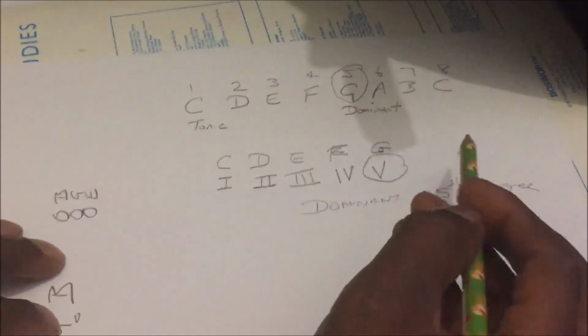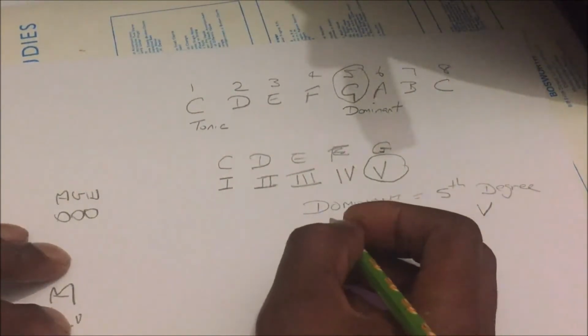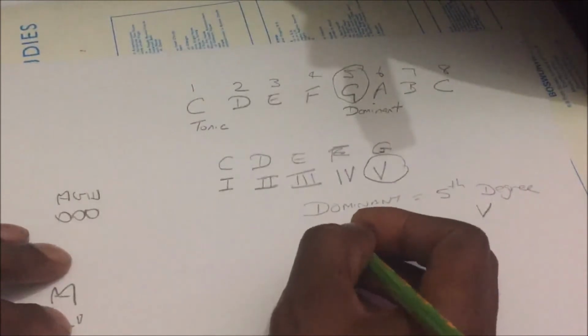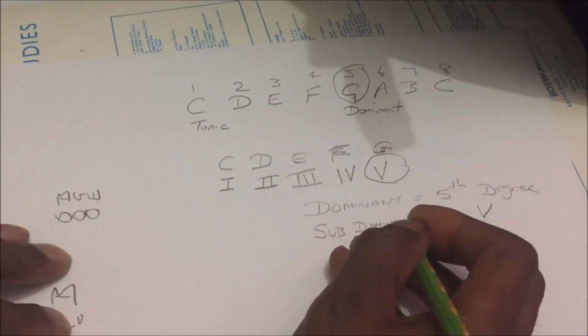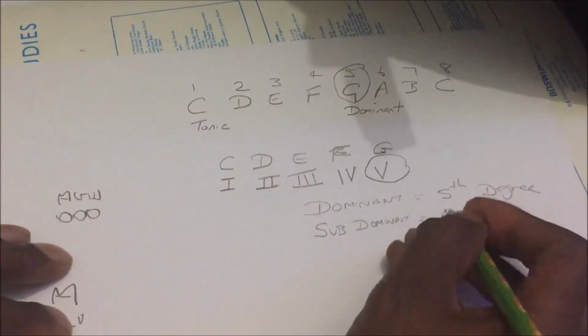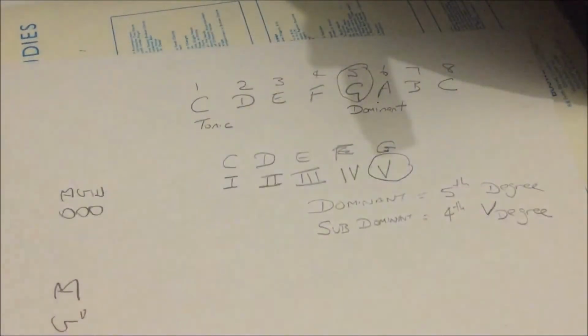Now, also you should know what IV is. The 4th degree of a scale is called the subdominant. Subdominant equals 4th degree. Yeah, subdominant is IV, dominant is V.